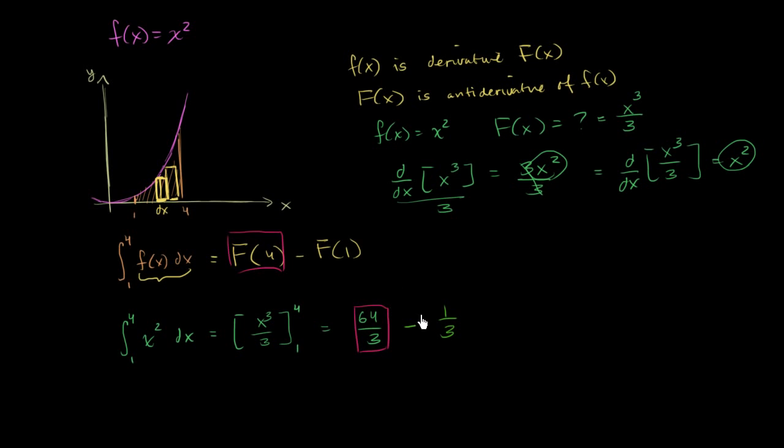So just to be clear, this is this right over there. And then we are ready to just subtract these fractions. 64 over 3 minus 1/3 is equal to 63 over 3. And 3 goes into 63 exactly 21 times. So whatever the units are, the area of this brown area is 21 square units.